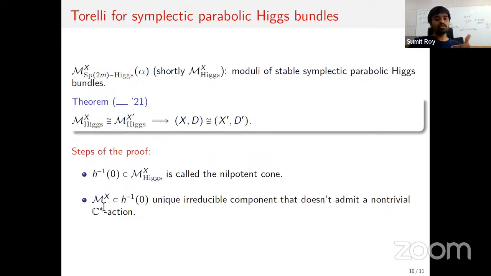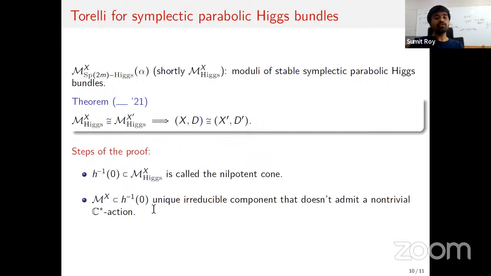From the Higgs moduli space you can recover this one, and by the previous result we can recover the curve. If you have an isomorphism at the Higgs level, then you have an isomorphism at the non-Higgs level, and by the last theorem, you have the isomorphism between X and X prime.